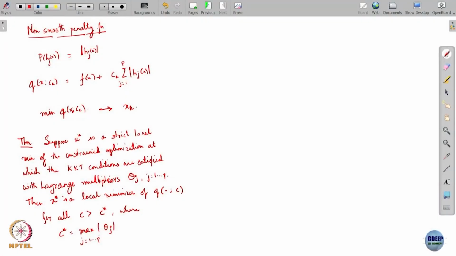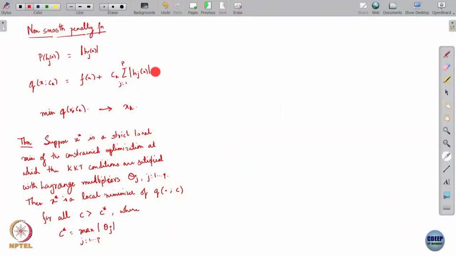The solution of the constrained problem is also a minimum of the penalized problem, which means that it suffices to set the penalty parameter to be larger than c star, and that solves the problem. Right. So, this is actually very powerful, because it lets us effectively get to the solution of the constrained problem through an unconstrained problem and with a finite penalty parameter value, without having to deal with infinities anywhere.